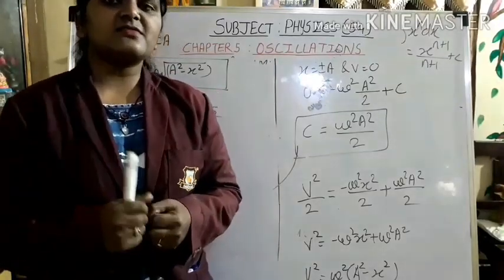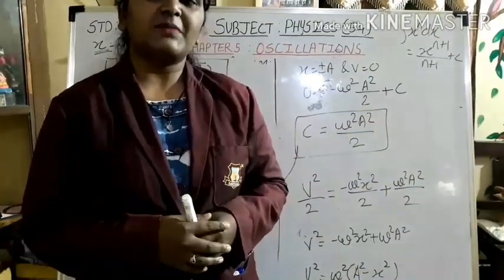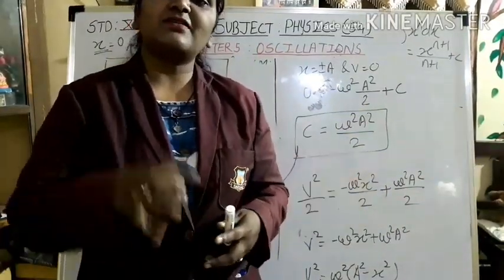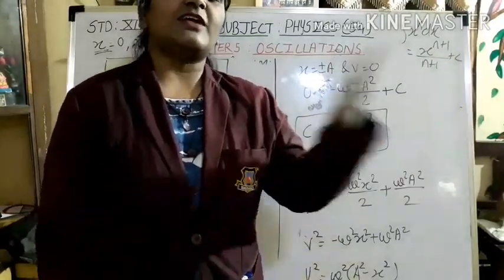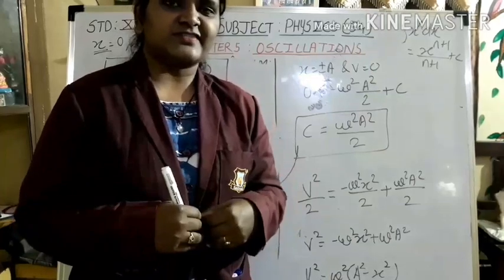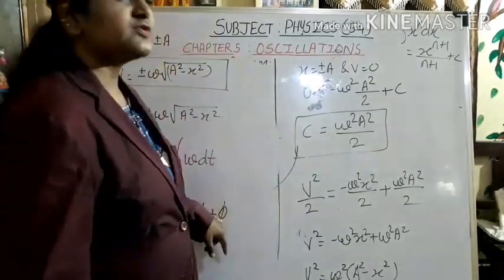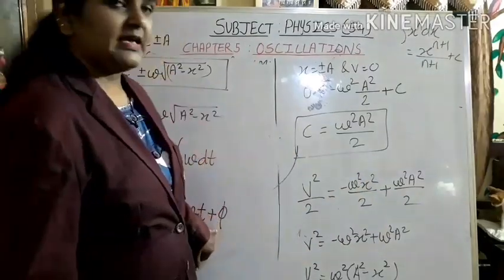If angle is there, then that constant term may not be a number, it may be an angle, pi by 2, pi, 3 pi by 2, that kind of values it can have. So for our convenience, for our understanding, we are not going to take this constant term as c or k. That's why we have taken this as phi.